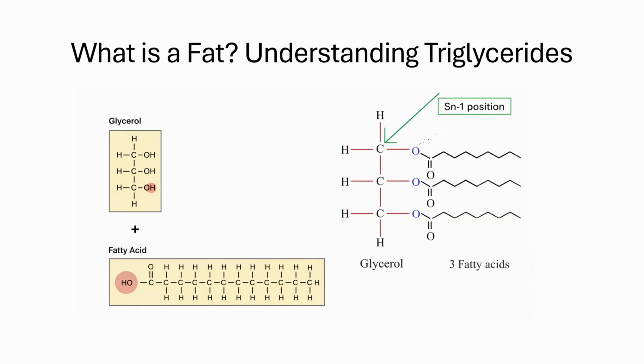A triglyceride molecule consists of one molecule of glycerol, which is a 3-carbon alcohol, and each of these carbons contains a hydroxyl group, which serves as an attachment point for a fatty acid. A fatty acid consists of a carboxyl group at one end and a long hydrocarbon, which determines the fat's chemical and biological behavior.